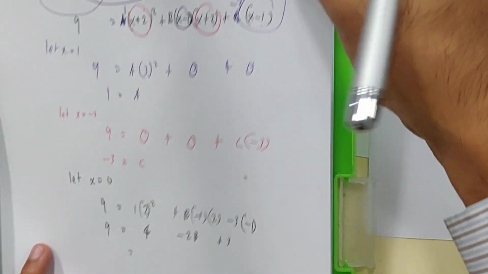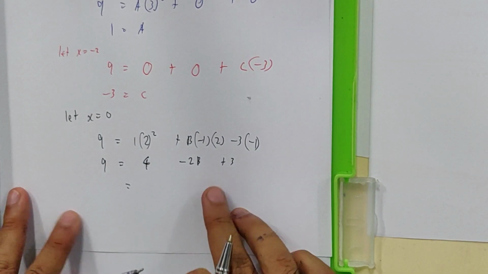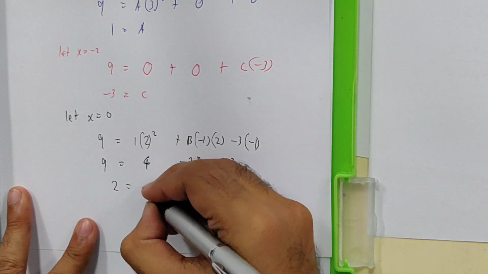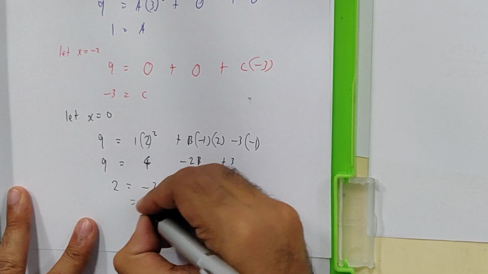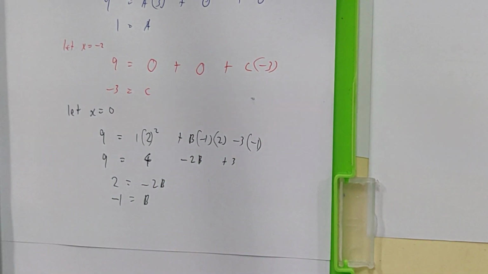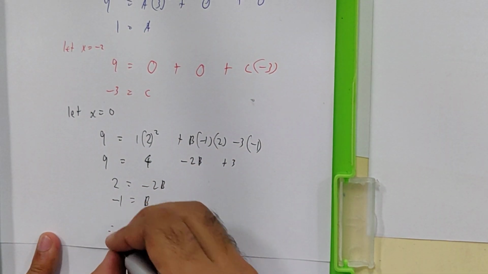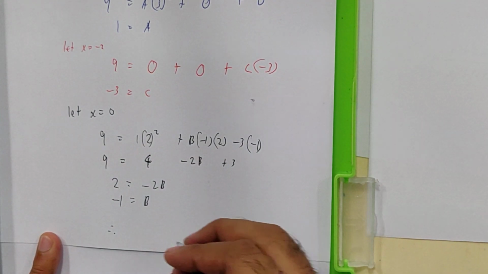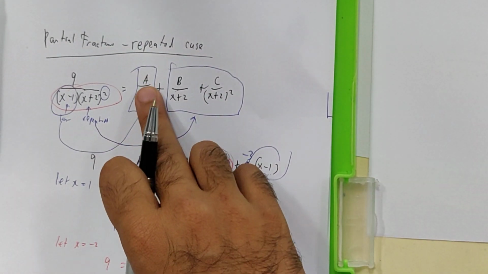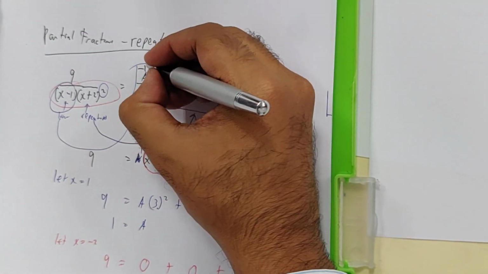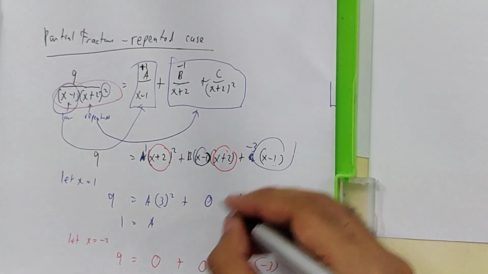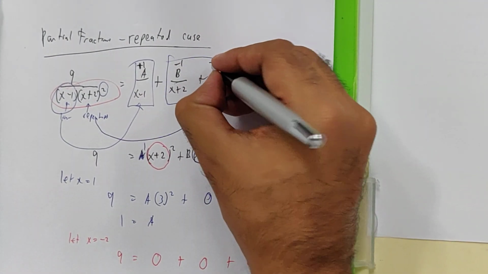I need to, one moment. 9 minus 3 is 6, so 6 equals negative... 2, negative 2B. So B is negative 1. So our answer just now is, the partial: A is 1, B is negative 1, and C is negative 3.